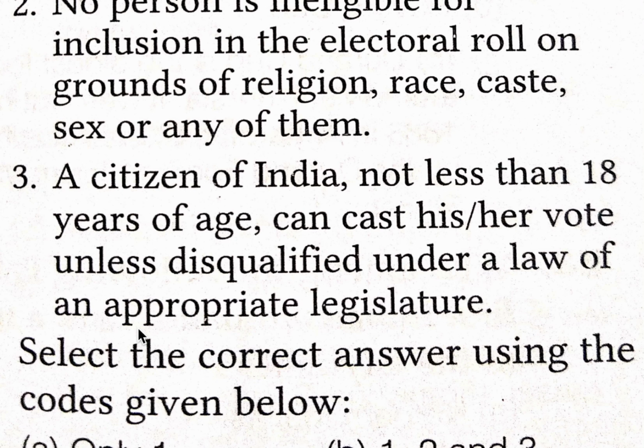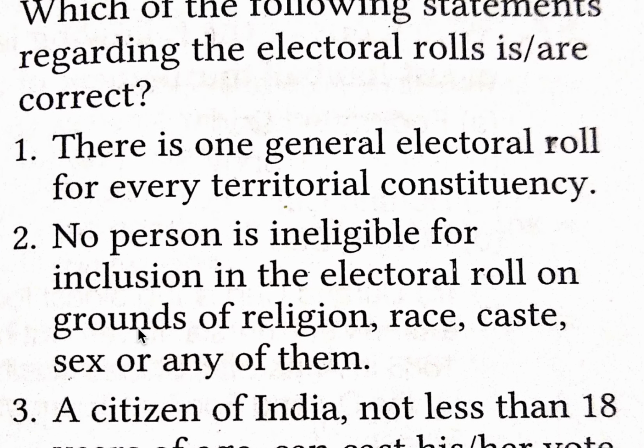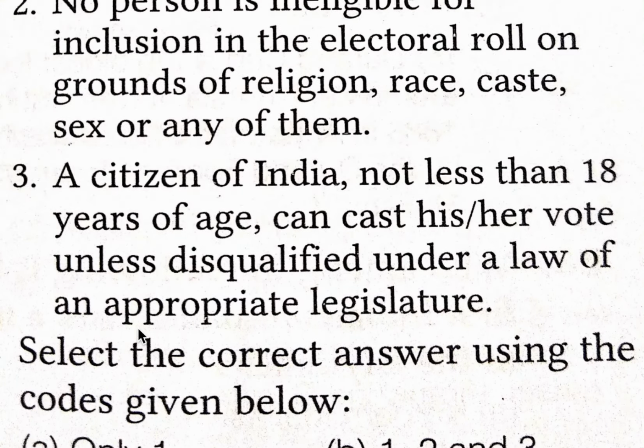Next is option 3. A citizen of India not less than 18 years of age can cast his or her vote unless disqualified under the law of an appropriate legislature. So here all these statements are correct. So 1, 2 and 3 are correct. So option B is the correct answer.